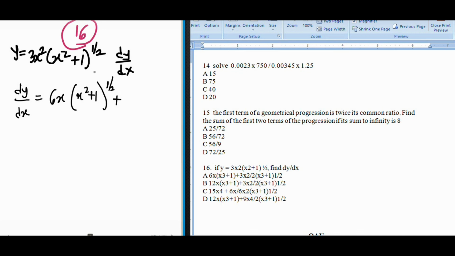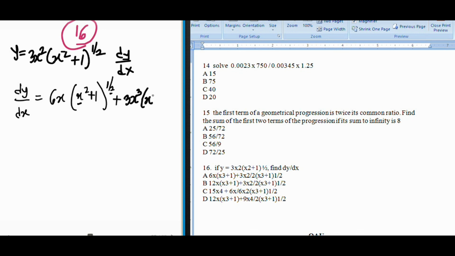Whatever you get from there, that 2x, multiply it by the power. Your power is half. So 2x times half will give you x. Now, don't forget that whatever you get from there, you are going to multiply it by the 3x squared. That will give us 3x cubed into, rewrite the bracket.